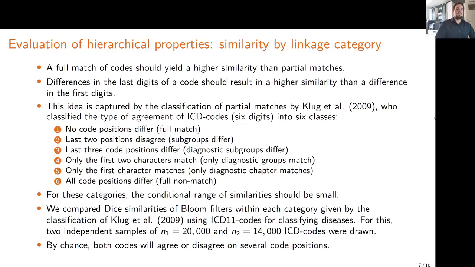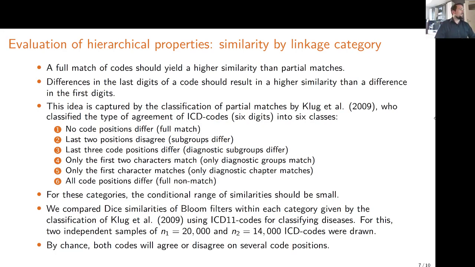To evaluate this, there are several things that are of importance. Of course, a full match of codes in clear text and in encrypted form should give a higher similarity than only partial matches. And you want categories where subgroups differ, or just the last position differs, to be more similar than, say, a nearly total match.